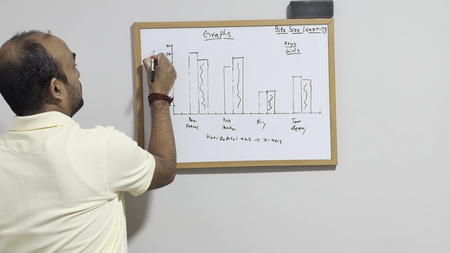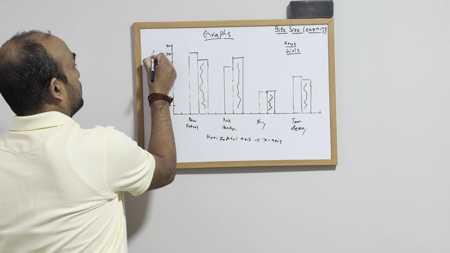Now we know the data, we are seeing the data. Now we can answer some questions. Let's take an example: how many boys watch Paw Patrol? You look at the graph and see that this is the data for boys. The answer is 70.